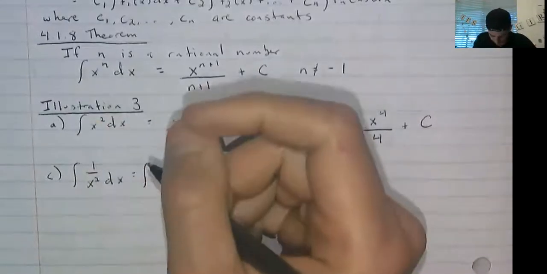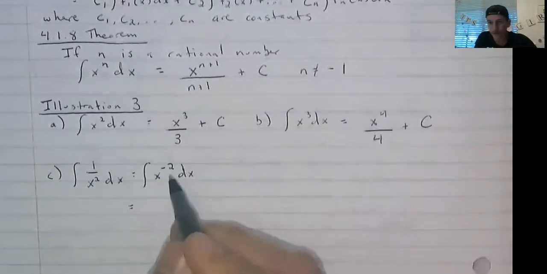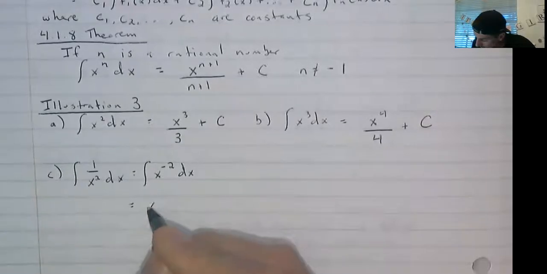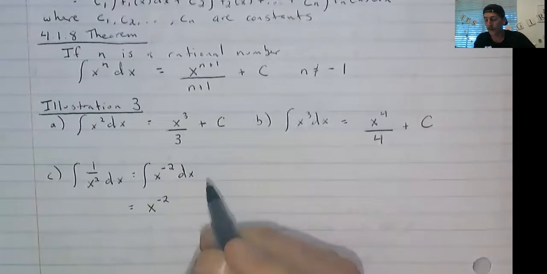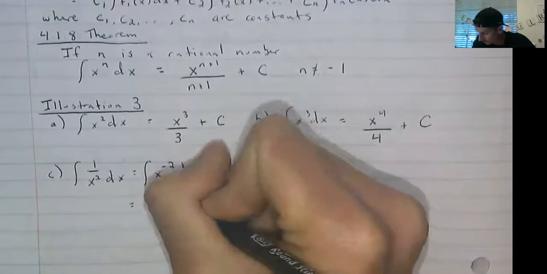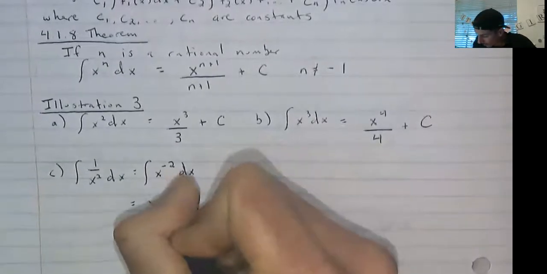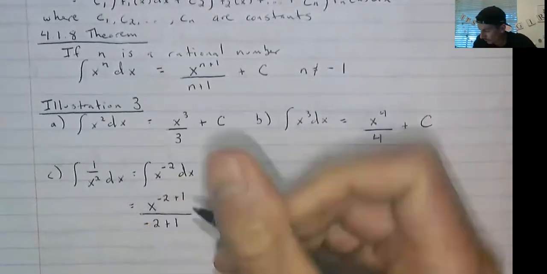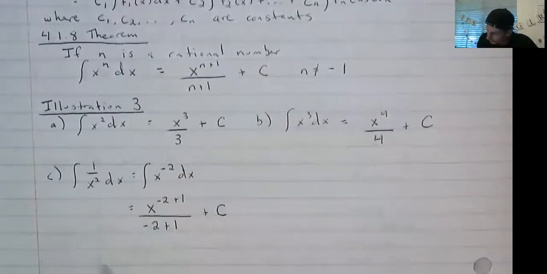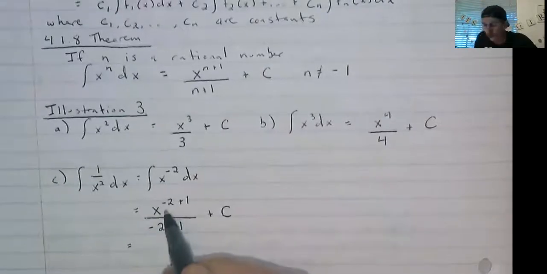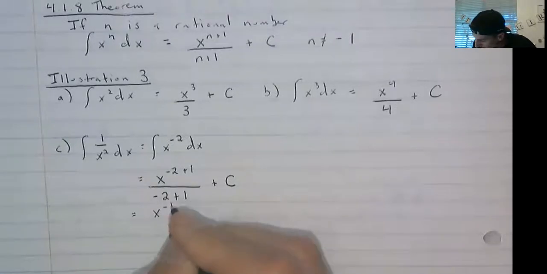I'm going to do this kind of slowly just so we are clear here. X to the negative 2, we need to add 1 to that exponent. And then we're going to take care of the coefficient by doing negative 2 plus 1. And then all still plus c. So negative 2 plus 1 gives us x to the negative 1.